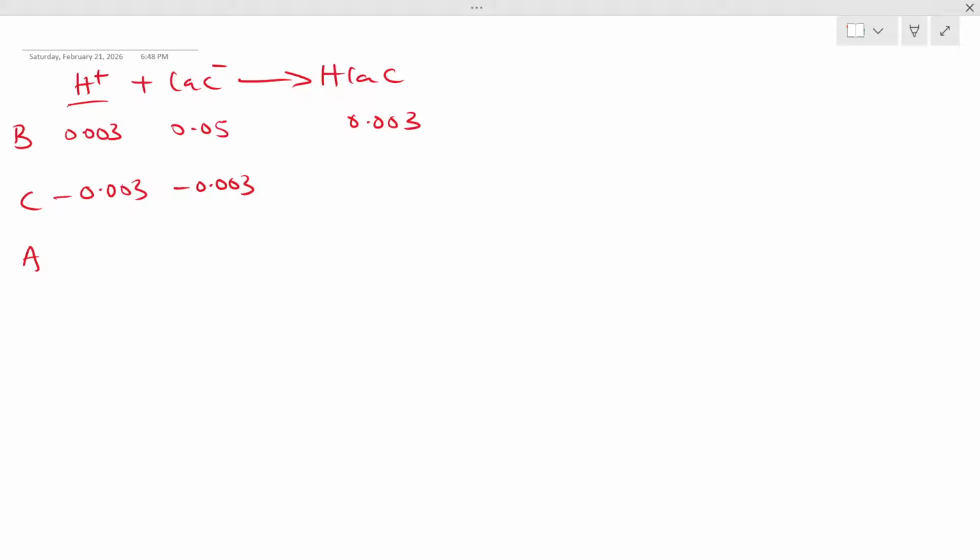Then in this reaction you have all of these converted to what? The lactic acid. Hence they are minusing from the reactant because they don't have any of it left. But for the product, all of it has been converted to product, so the product will now be plus 0.003.